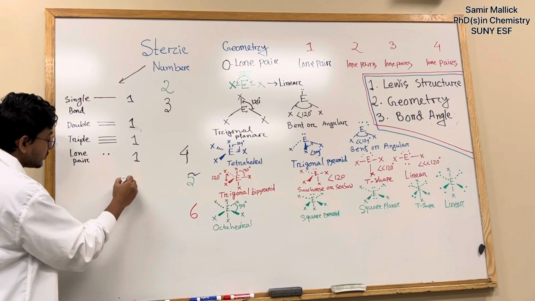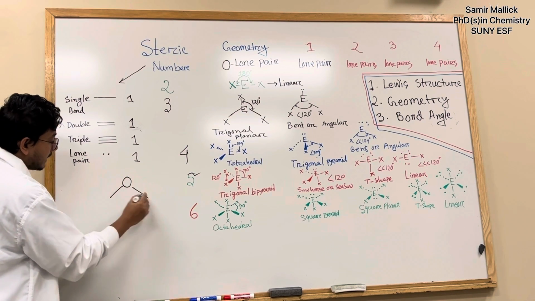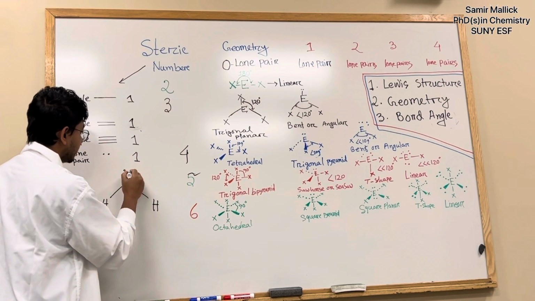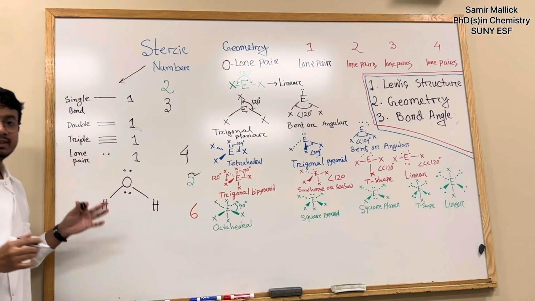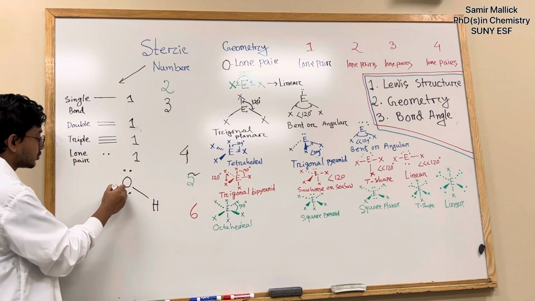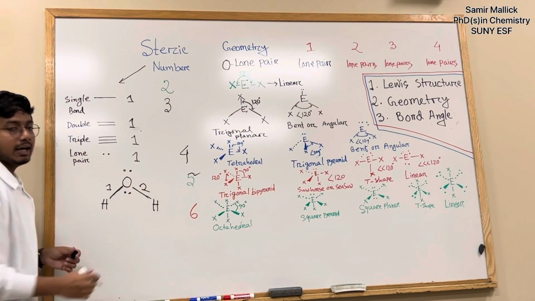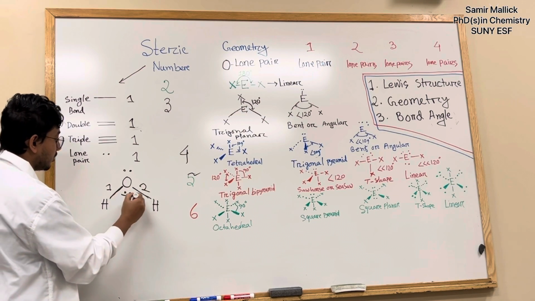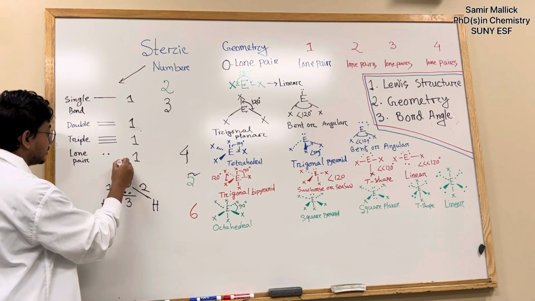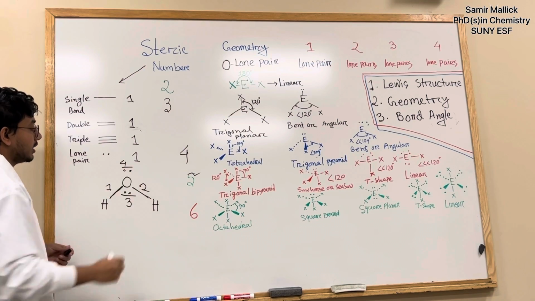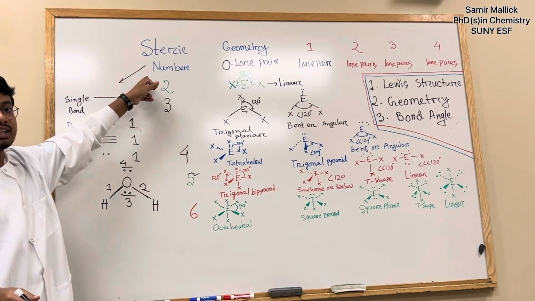We already know the structure of the water molecule. In the water molecule there are 2 single bonds, so 1, 2, and 2 lone pairs, 3, 4. So this number is counted as the steric number.